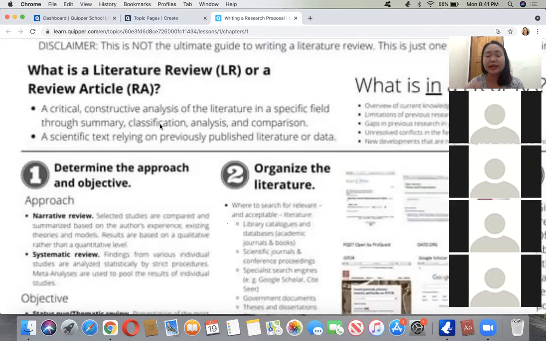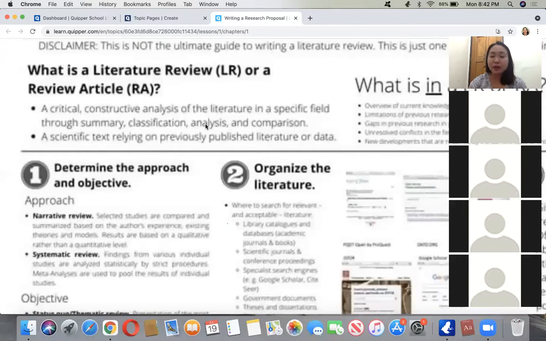So it needs to be under every subtitle. And then there should be analysis. You don't just copy and paste. You make your own version, your own idea, of how this knowledge is occurring.